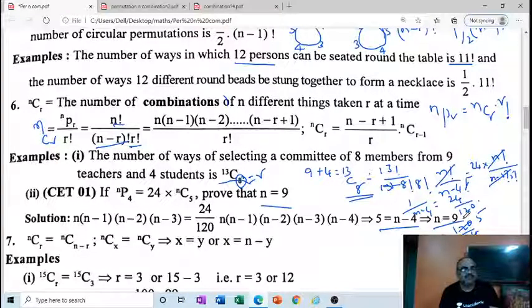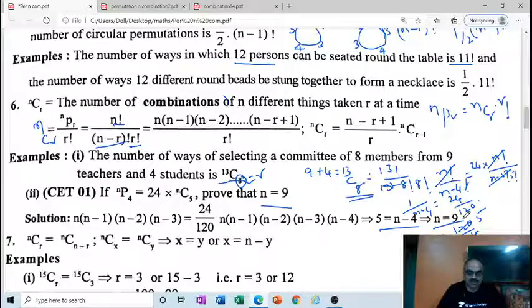If one value is unknown also, we can calculate it. And that is being stated to you in one more manner there: nCx is equal to nCy, where x is equal to y or x equal to n minus y. The previous formula is explained here. That's it. x equal to y or x equal to n minus y. nCr is nC(n minus r).